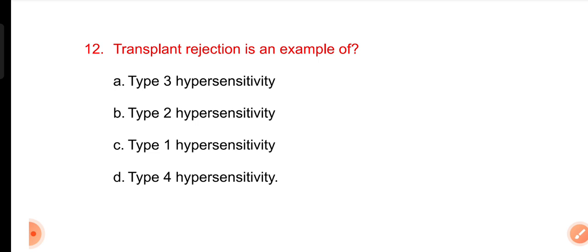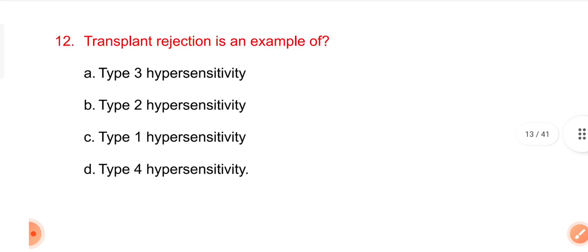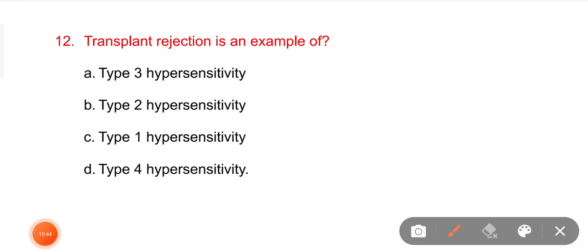The options are: A, type 3 hypersensitivity; B, type 2 hypersensitivity; C, type 1 hypersensitivity; D, type 4 hypersensitivity. The right option is D. Type 4 hypersensitivity is what we can see in a patient who has rejected the organ.